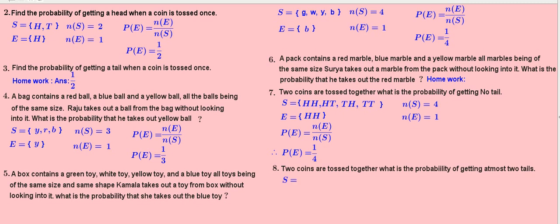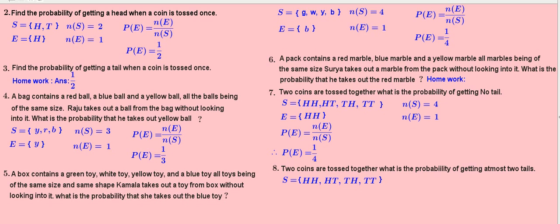Next problem. Two coins are tossed together. What is the probability of getting at most 2 tails? Sample space S equal to {HH, HT, TH, TT}.